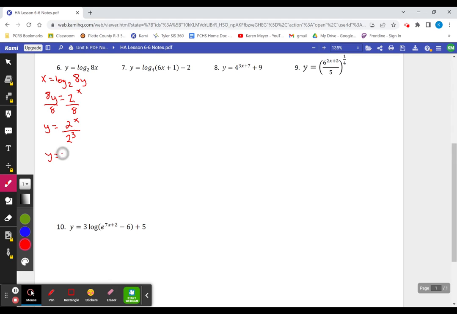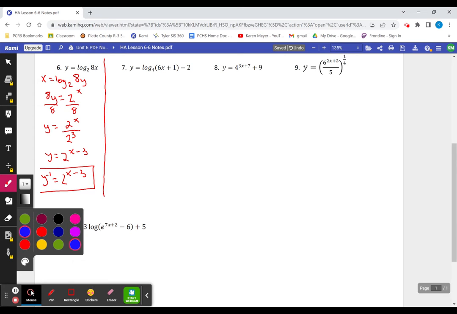And hopefully you remember and say, ooh, subtraction. So then you're looking at the inverse for this problem being 2 raised to the x minus 3. So that one was a little tricky because we had to work on making the bases the same. Now, you won't always be able to do that, but anytime you can, you must.